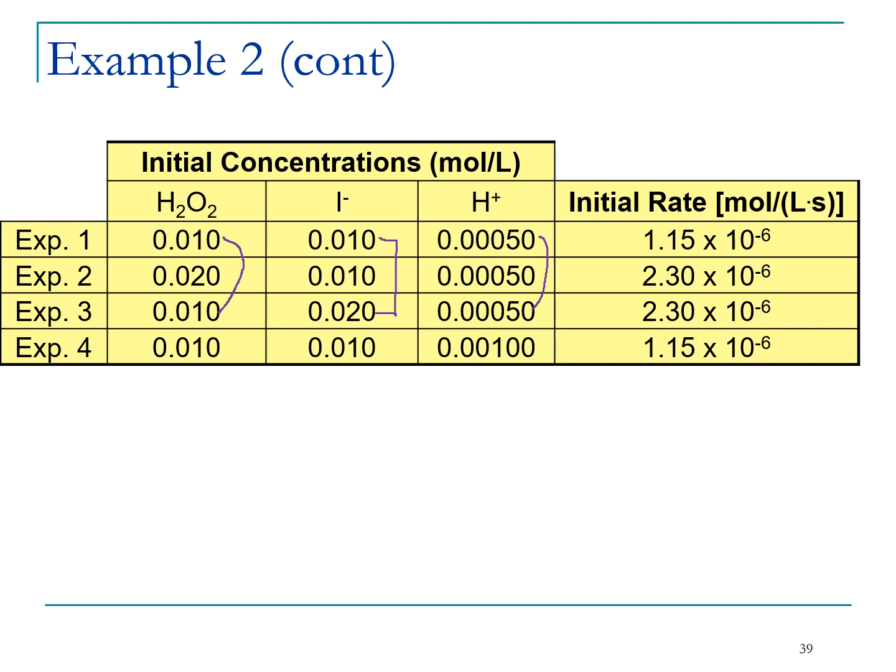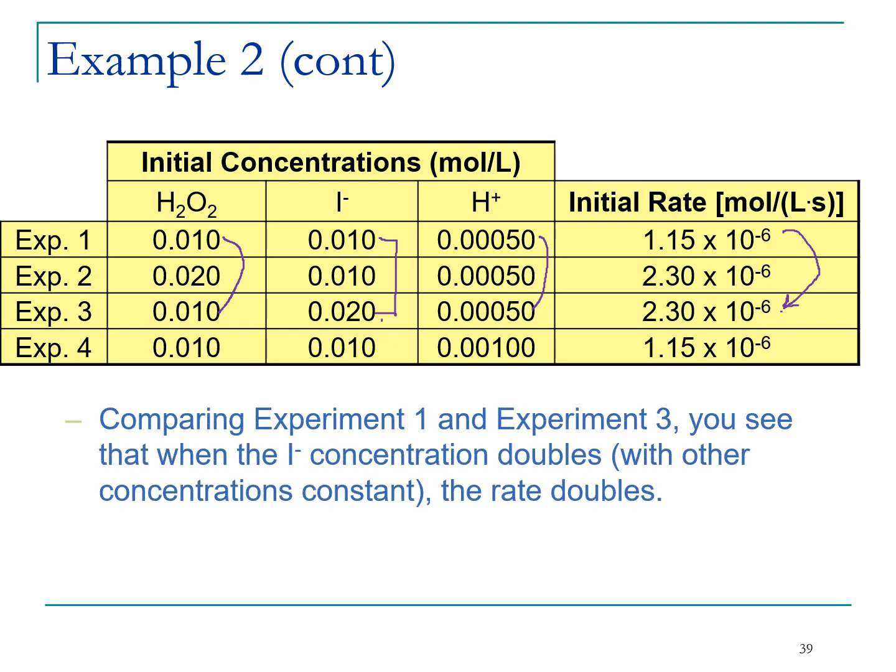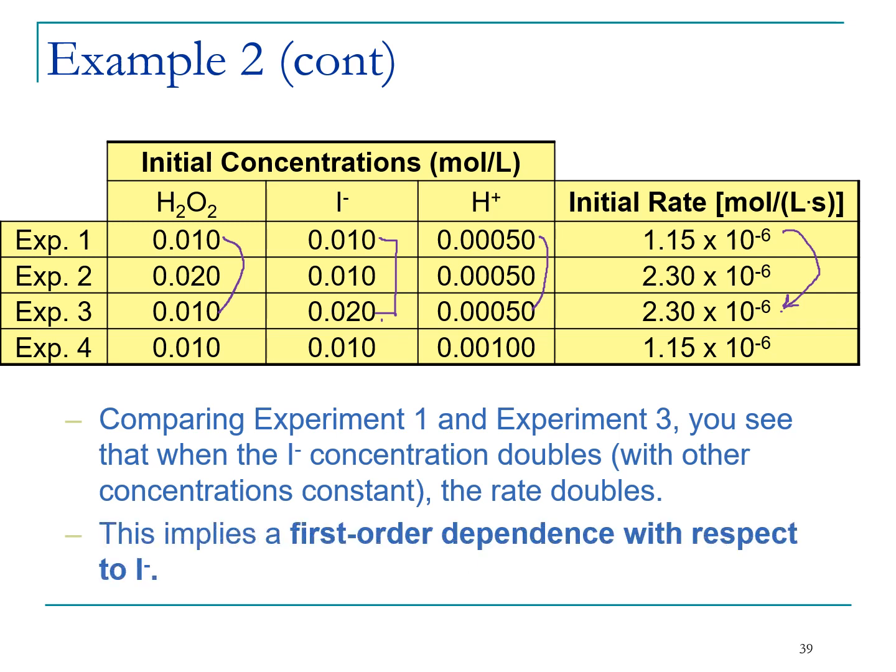So if we look at experiments 1 and 3, we can find out. Notice that we have doubled the concentration of I negative, and we've doubled the rate. And so it should be first order again. So it's first order with respect to I negative as well.